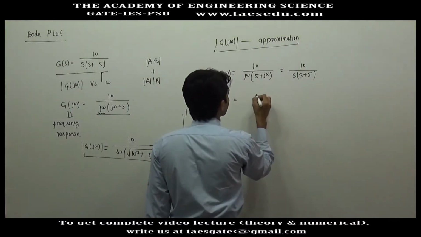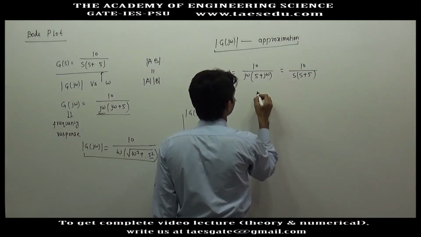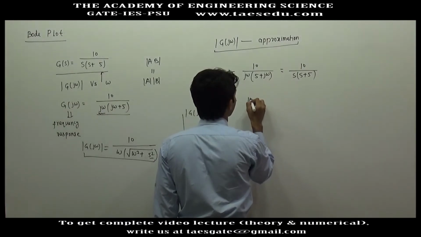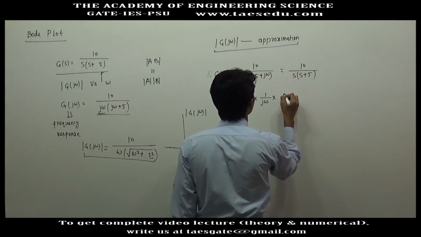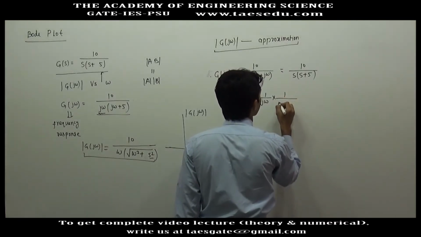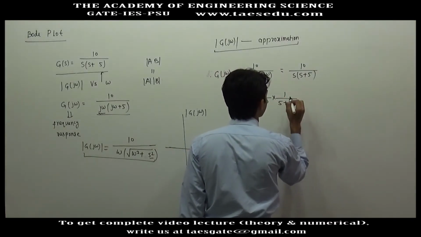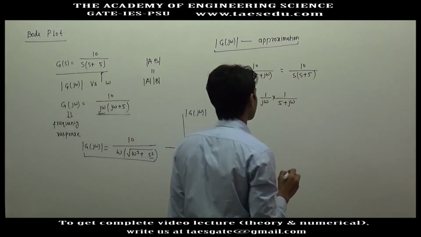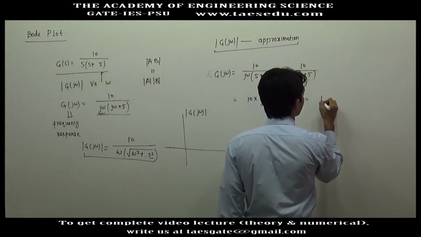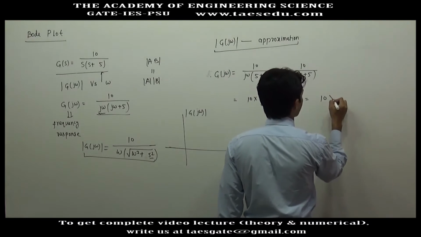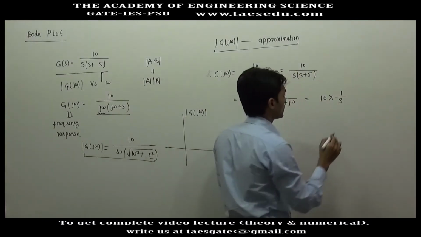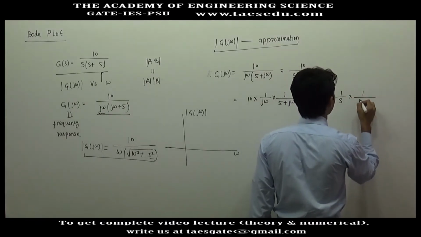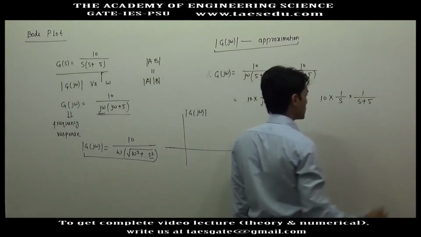This can be written as 10 into 1 by j omega into 1 by (5 plus j omega), and this corresponds to three transfer functions. There is one constant, another transfer function is 1 by s, and another component is 1 by (s plus 5).